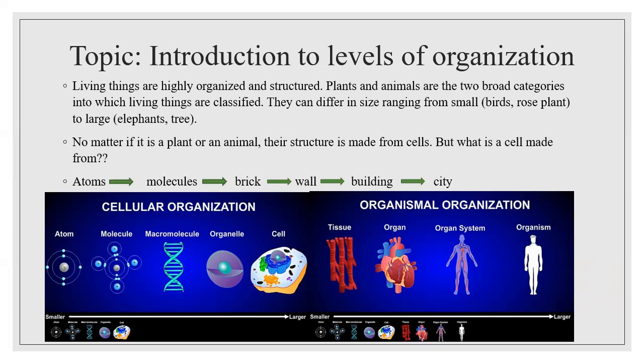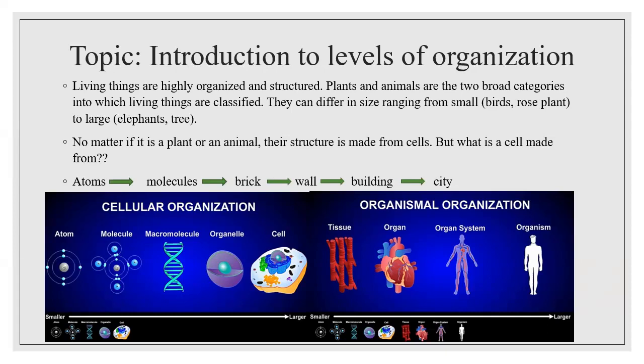These molecules join together to make the smallest unit of a city, that is called a brick. These bricks join to form walls, and many walls join to form buildings. A variety of buildings join together to make a city. So now you know that a brick is the smallest unit of a city.